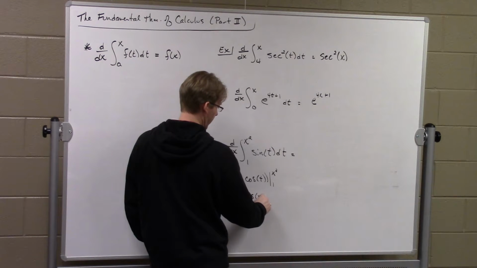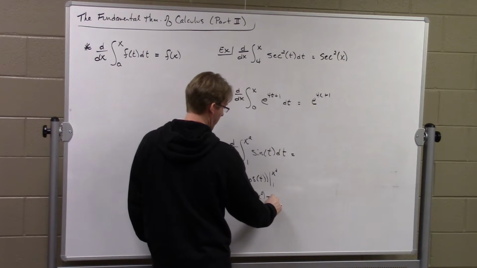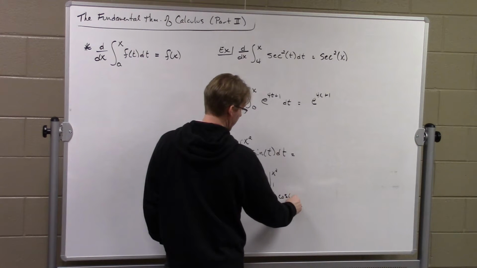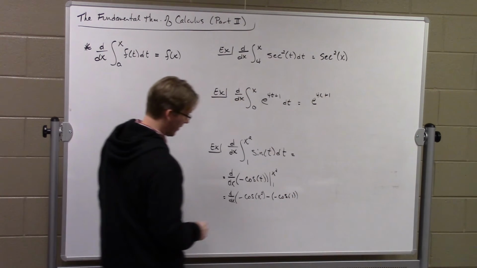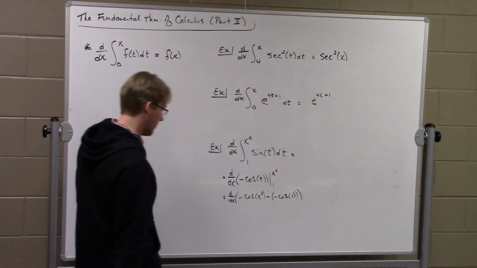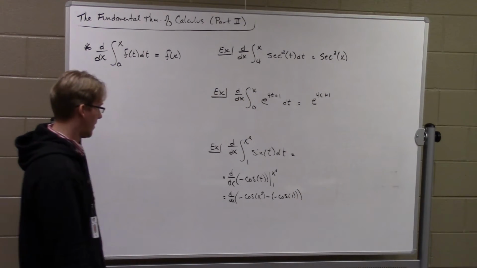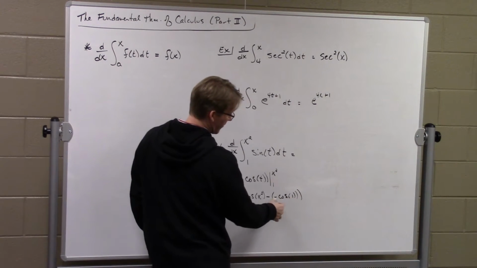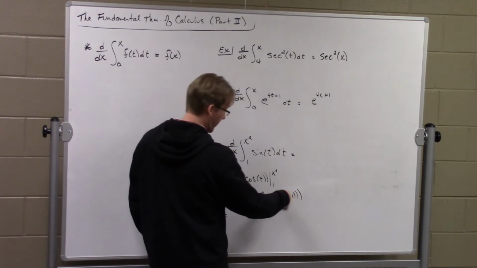Negative cosine of x squared minus negative cosine of 1. Alright. You all agree that I don't even bother turning that into a plus, that part's gonna be 0 right there.